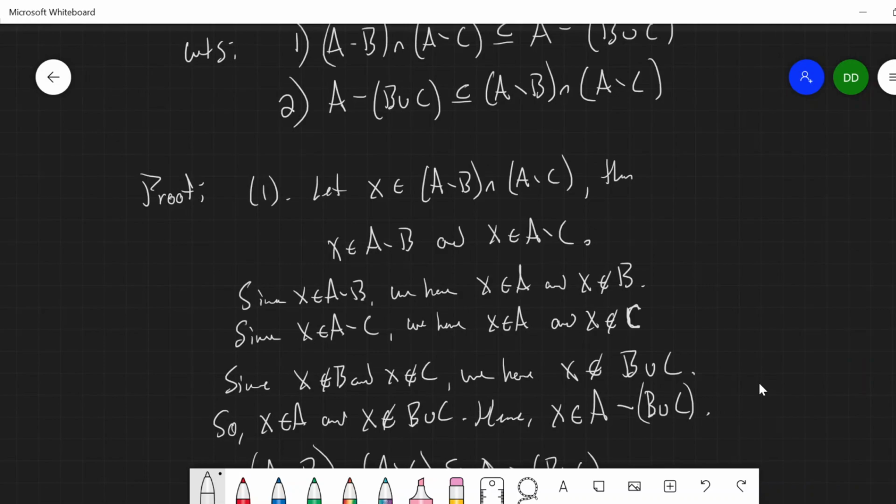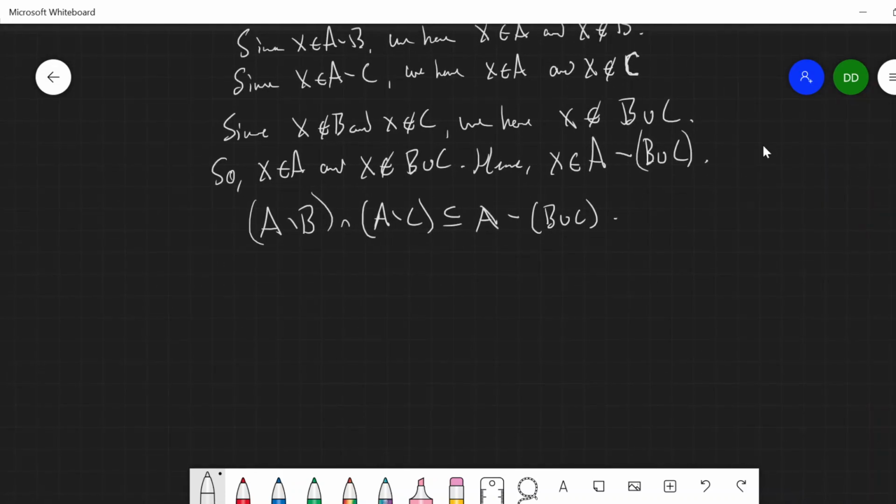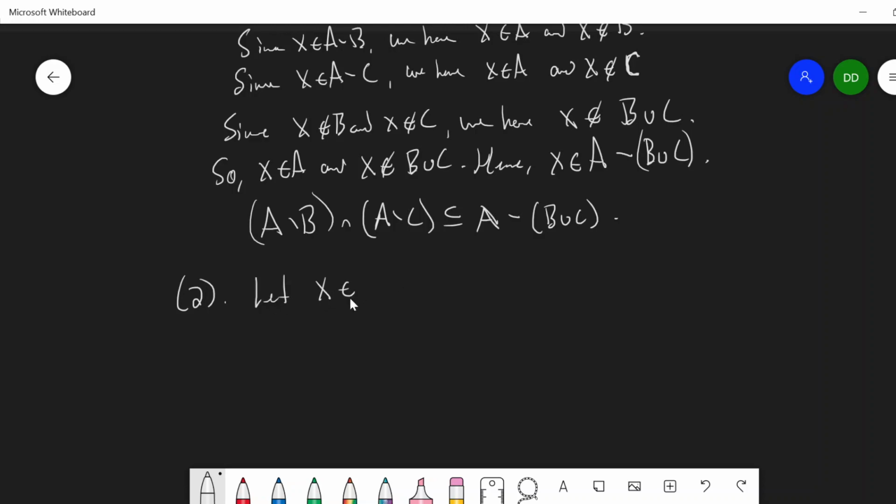So now I want to turn around and show the other subset inclusion. Now my starting assumption, rather than x is in A minus B intersect A minus C, I'm going to start with an x in this set and show it must be in this set. So two, let x be an element of A minus B union C. So what does this mean?